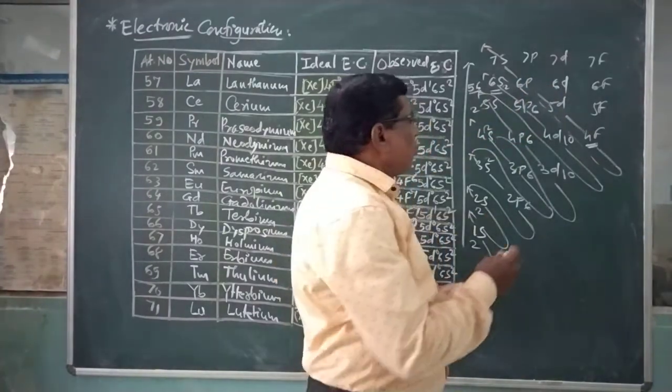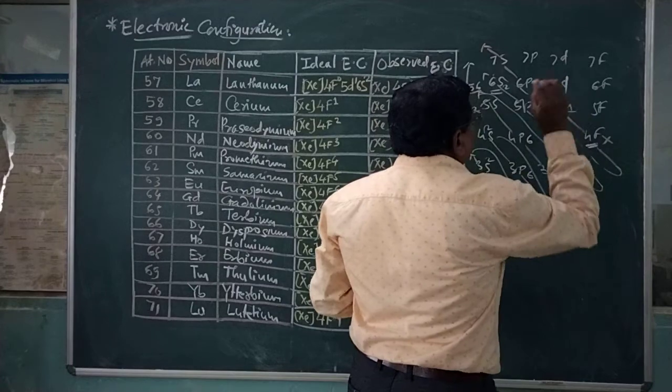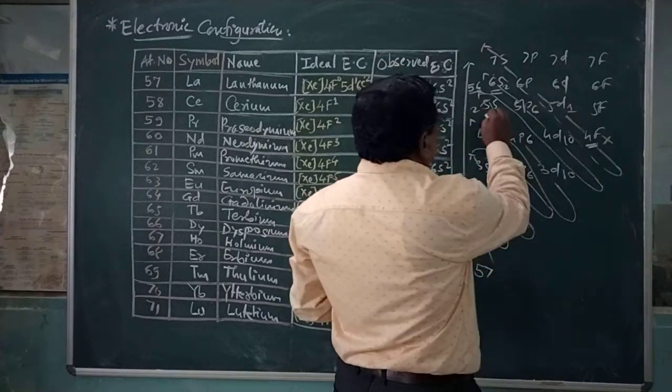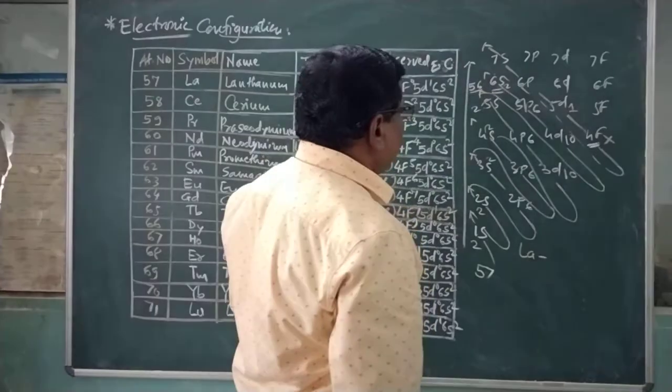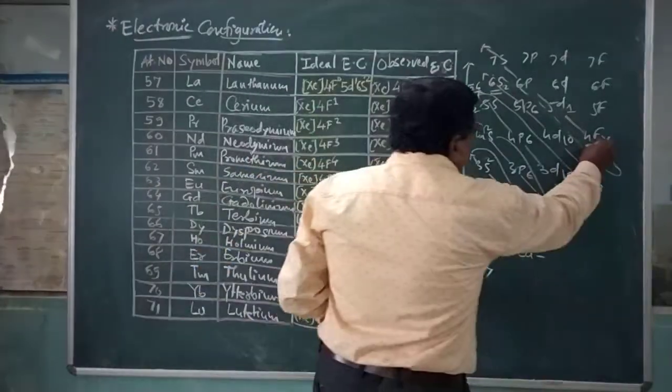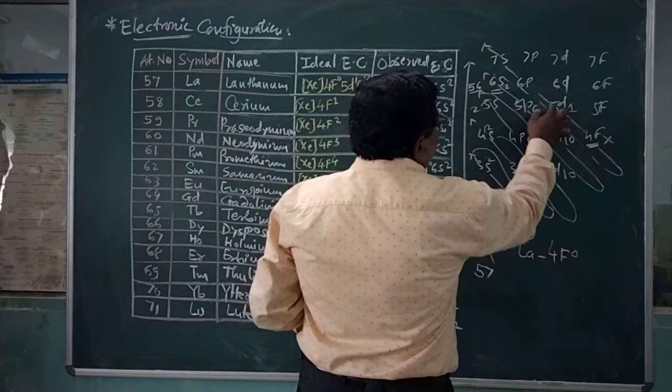Hence here the electron does not enter the f orbital, it goes into the 5d orbital, and therefore for lanthanum the electronic configuration can be taken as 4f0, 5d1.